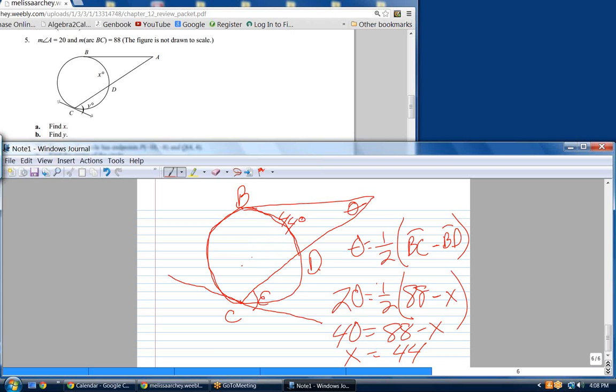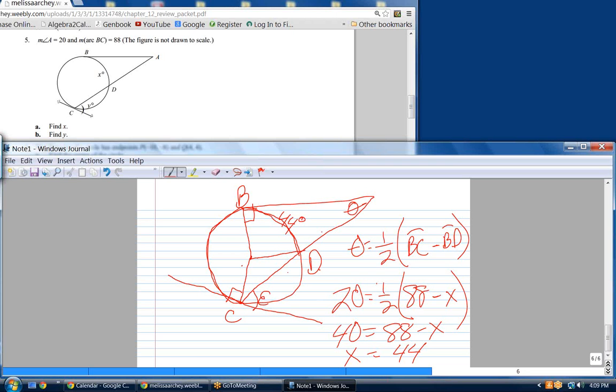Let's draw something to the center of this circle. A radius, which I know makes a right angle with any tangent line. So if I draw a radius up from that one, that's a right angle also. And I know, let me draw that line.